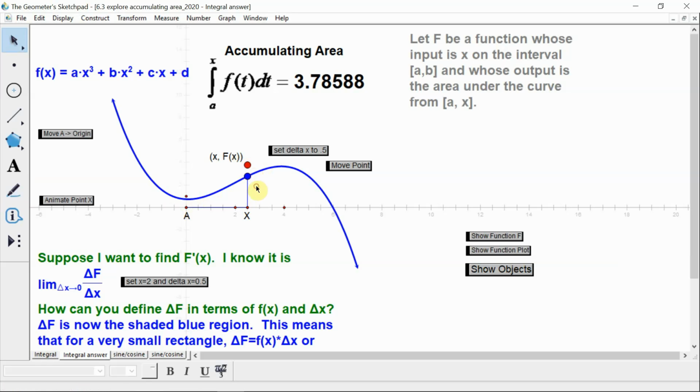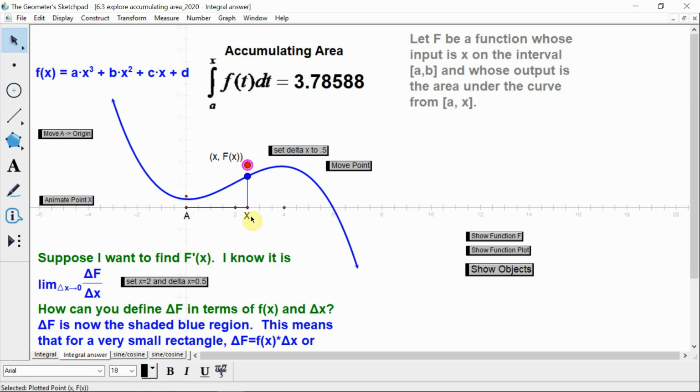So here's a point on the function f, which is this kind of random cubic that I could change. This point right here is the sum of the infinite number of rectangles from here to here. So it's that accumulated area. It would be this calculation. It's this number, okay?